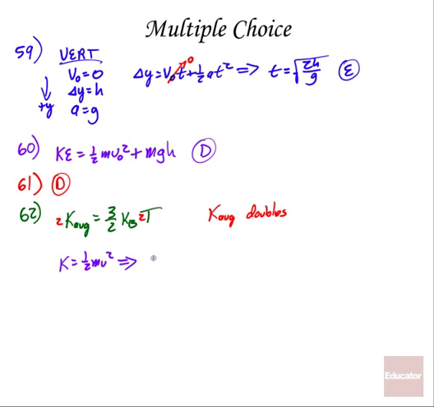And if we're looking for velocity, we could rearrange that to say that velocity is the square root of 2K over m. So what did you actually do if you double the kinetic energy? Well, you've multiplied the right side by square root of 2. You have to multiply the left side by square root of 2. So really, what did we do? We have square root of 2 v. Correct answer must be C.